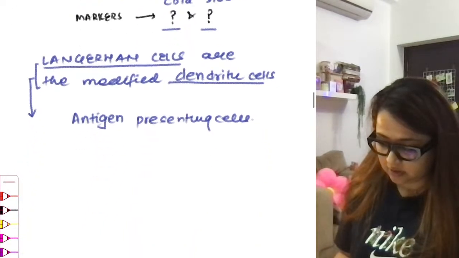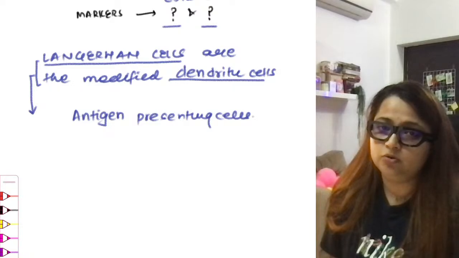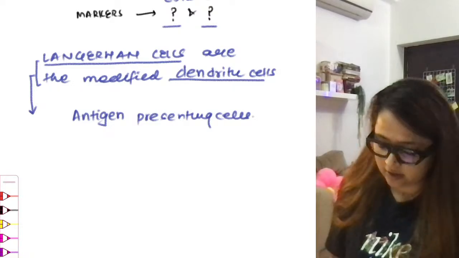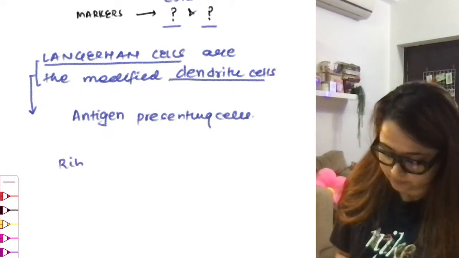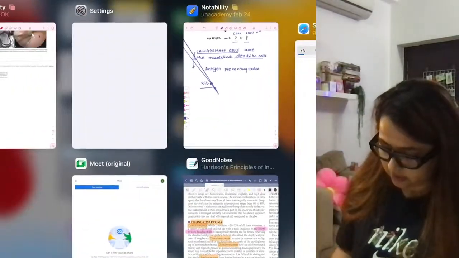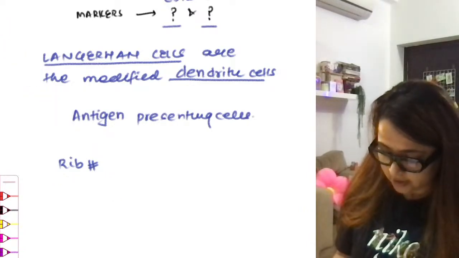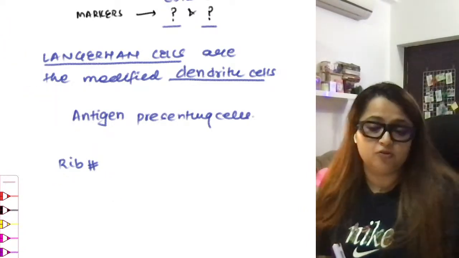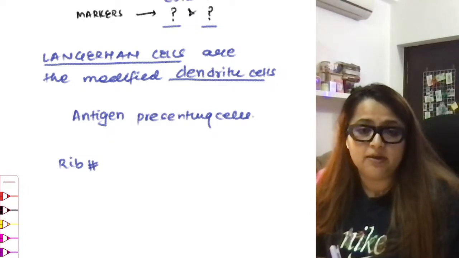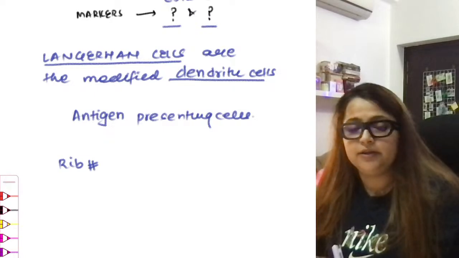So I saw this patient myself. She was a female who came to the ortho OPD and she was having a rib fracture. Although we say that Langerhans cell histiocytosis is common in children, it could occur in adults also.